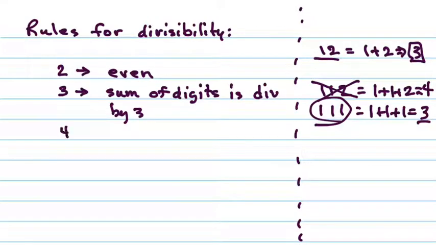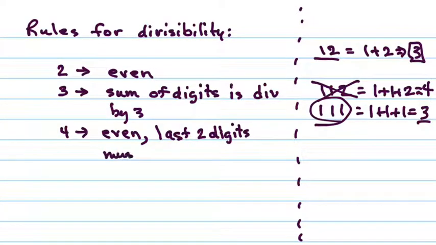So, let's move on. The number 4. Well, 4 is a lot like 2, isn't it? It's an even number. It's just 2 2s. So the same rule has to apply. It has to be even, and the last 2 digits must divide by 4. So we're not talking about sum.